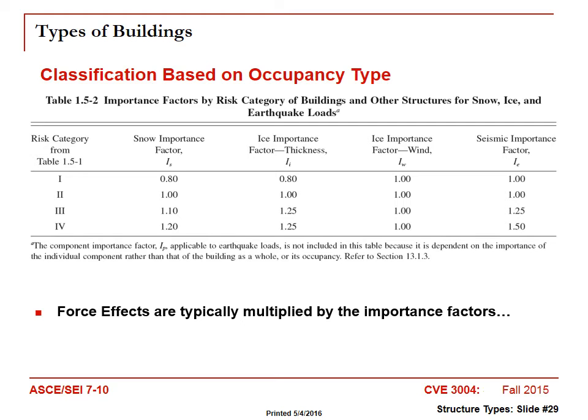The reason we're doing that is we try to design against an essential facility being compromised under a certain event which would in fact compromise a low risk building. So that's sort of what we're getting at right there.